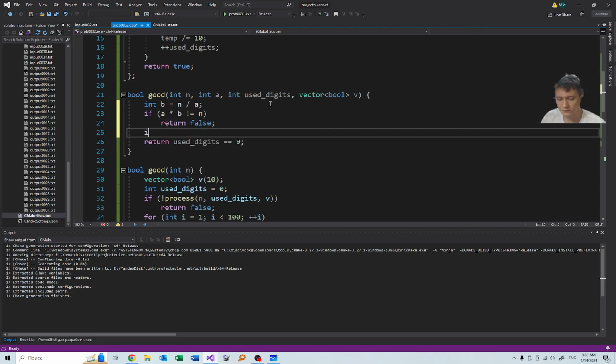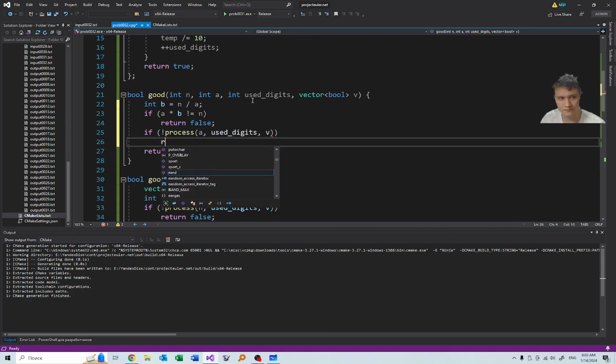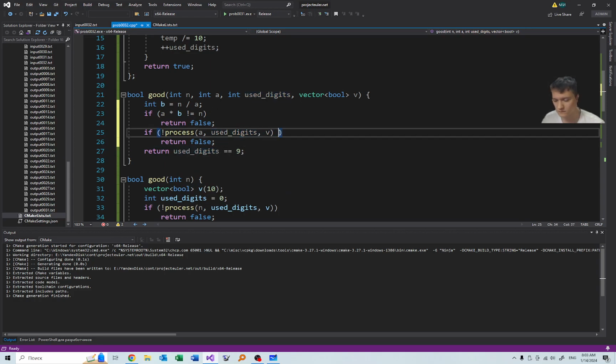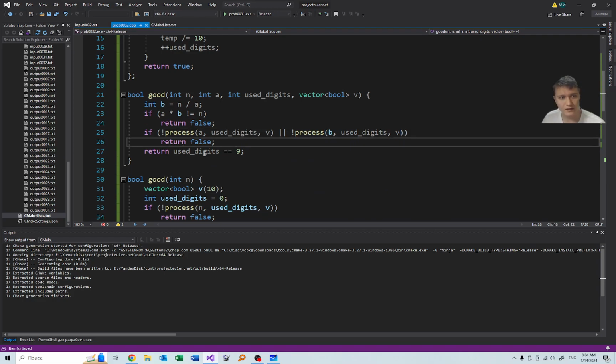Then I need to process a, and I need to process b. Otherwise, I return used digits is 9.